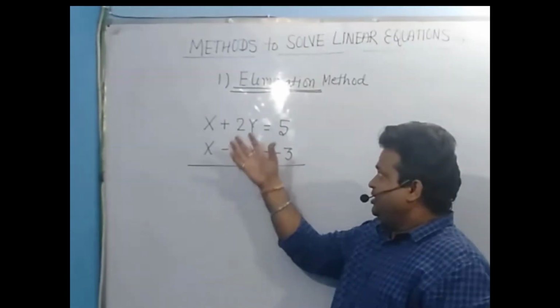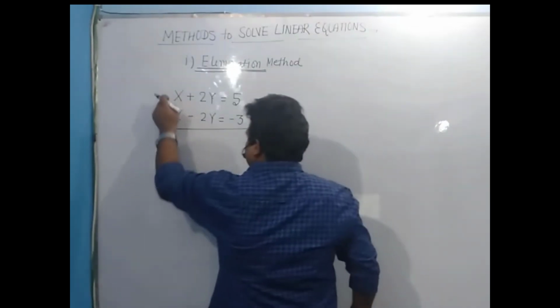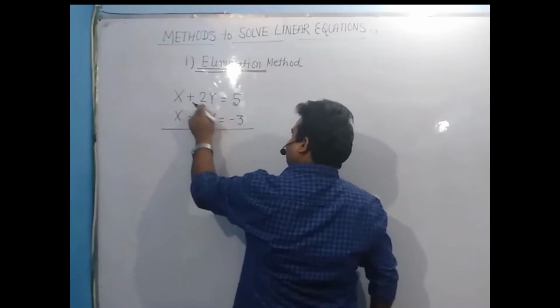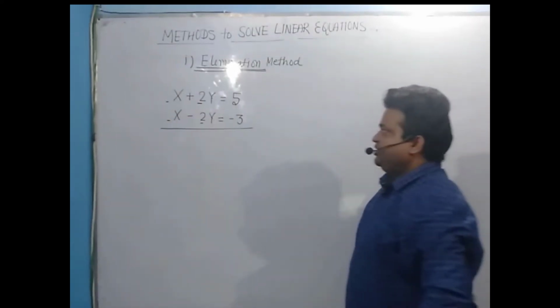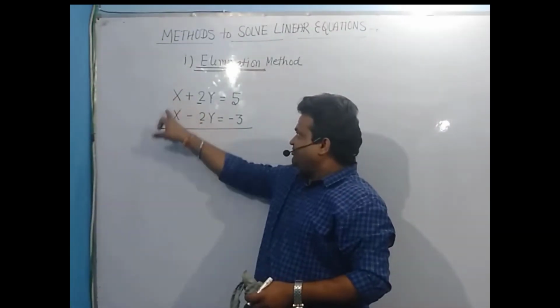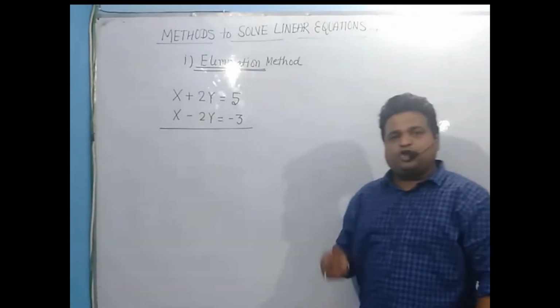So in this case, you need not multiply anything because the coefficients are the same. One is not written, but it is assumed to be there. So the coefficient of x and the coefficient of y are both the same, then you can solve it easily.